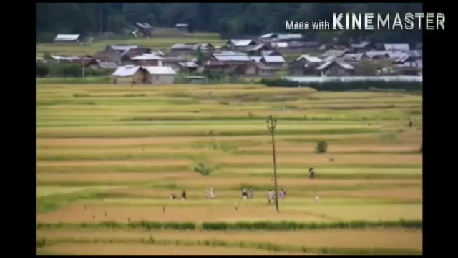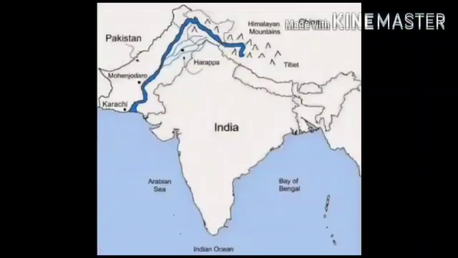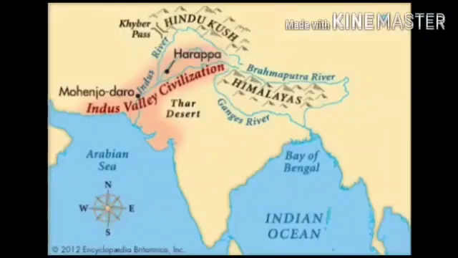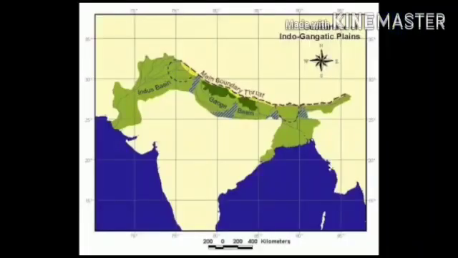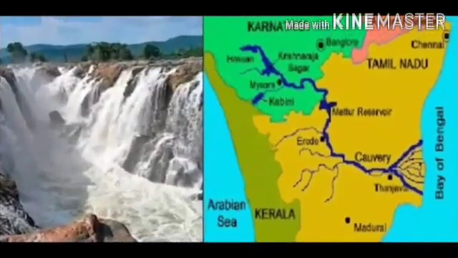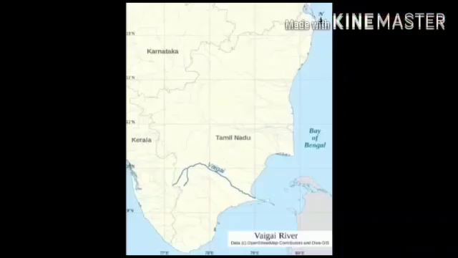The oldest civilization, meaning human development, like the Indus civilization, developed in river plains. The Indo-Gangetic Plain in North India is one of the largest plains in the world. The plains formed by rivers Kaveri and Vaigai are important plains found in Tamil Nadu.